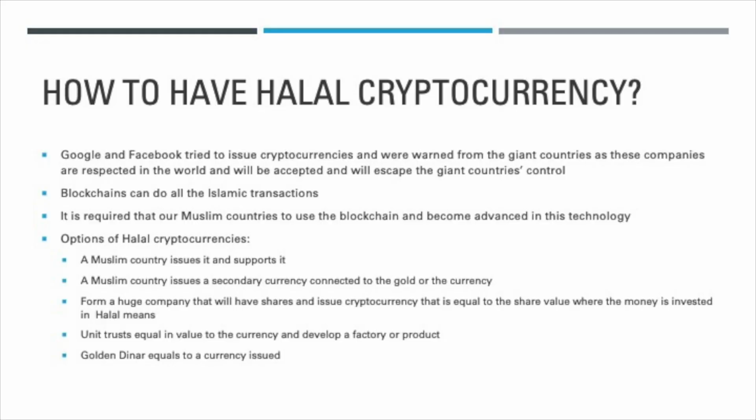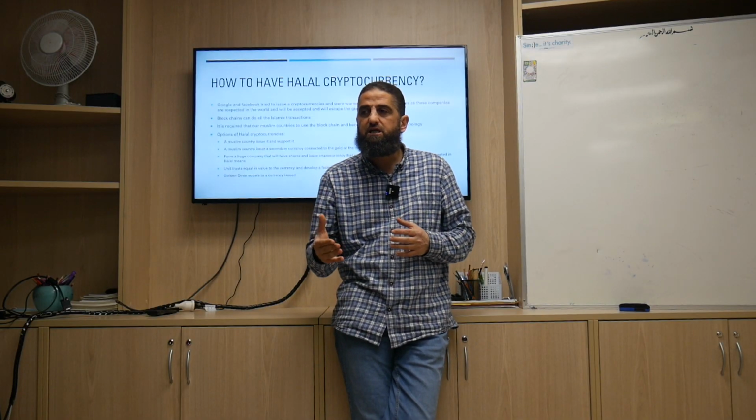Okay? Number two, a Muslim country issues a secondary currency connected to gold or the actual currency. Meaning that, for example, Australia has the Australian dollar.